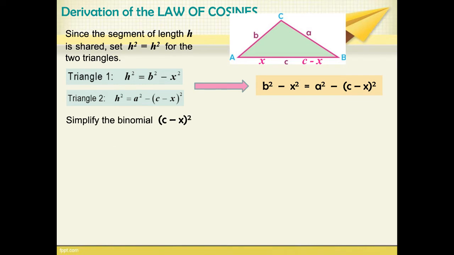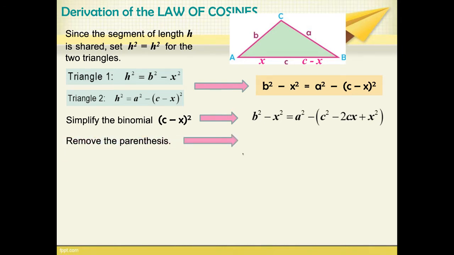Now simplify the binomial, the quantity c minus x squared. So simplifying this, we have b squared minus x squared equals a squared minus, if we expand this binomial, the quantity c squared minus 2cx plus x squared.